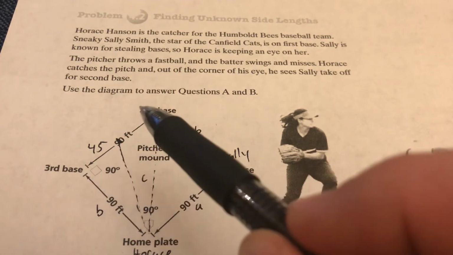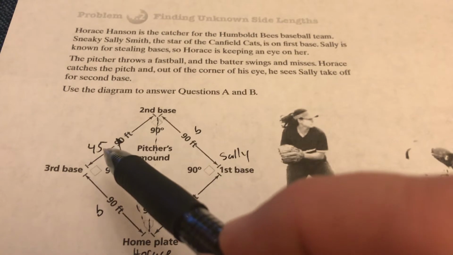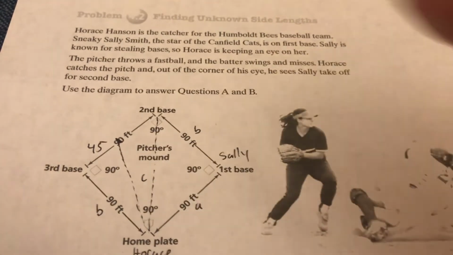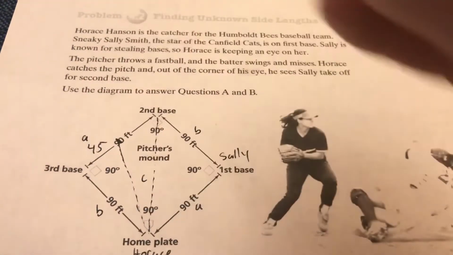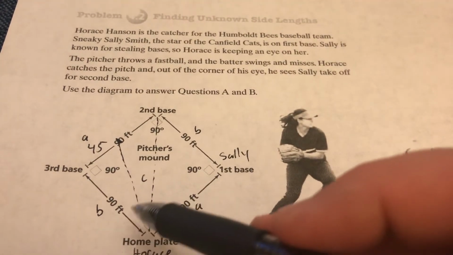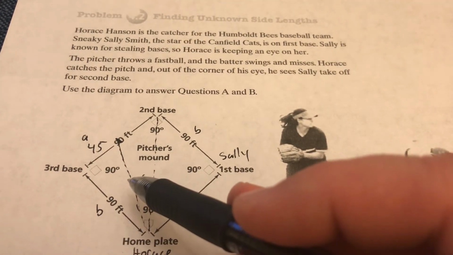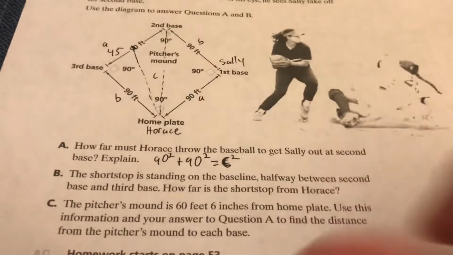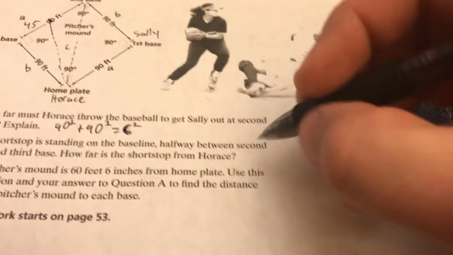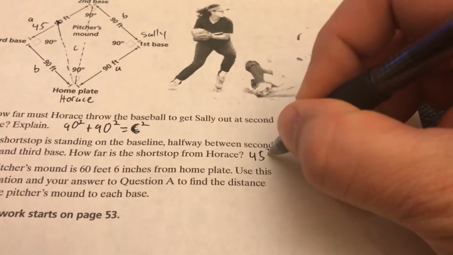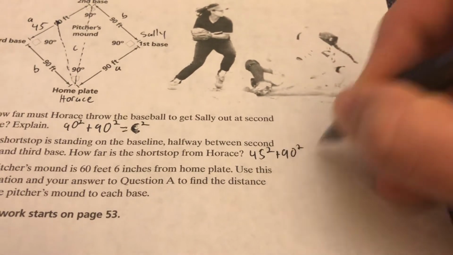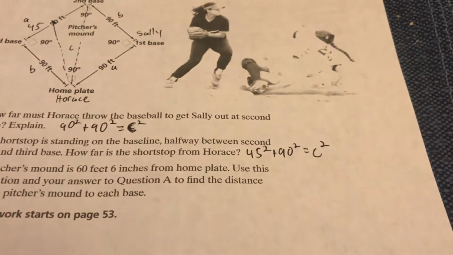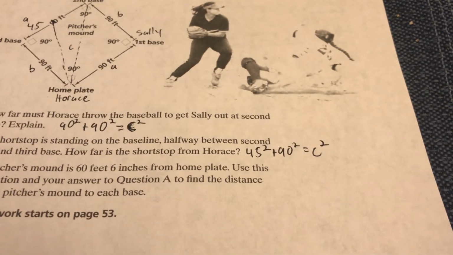So it makes a right triangle with a leg of 45, which is going to be A, and 90, which is going to be B, and then we're trying to find another hypotenuse. So we would set that up as 45 squared plus 90 squared equals C squared, and then we would solve that the same way we would any other Pythagorean theorem problem.